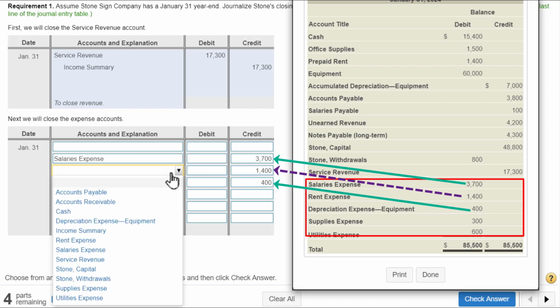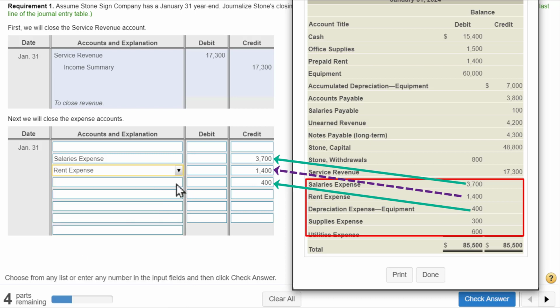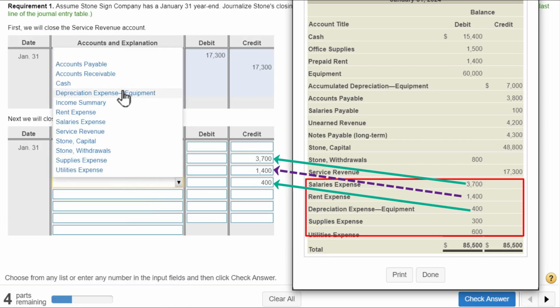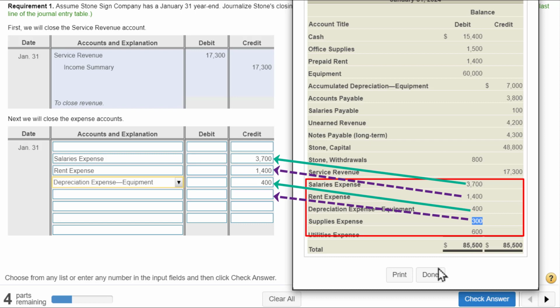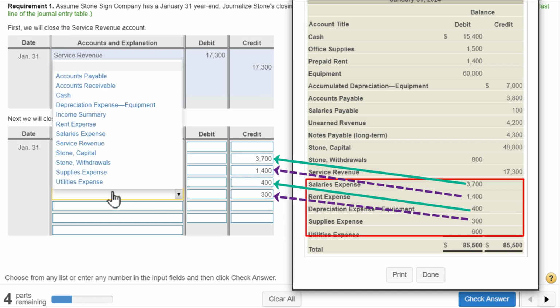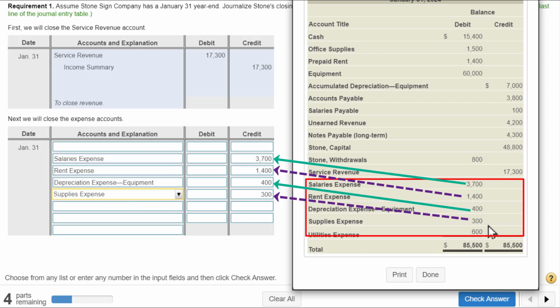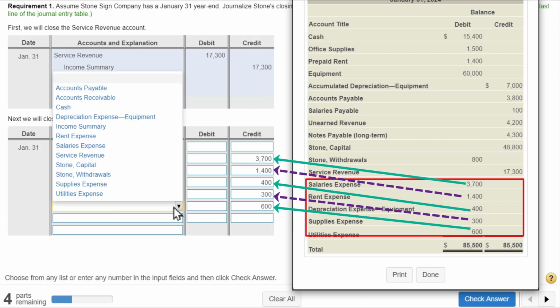Oops, I clicked on the wrong one. So that was rent expense. And this is depreciation expense on the equipment. And then we've got supplies expense. I need to close that. Again, I'm crediting it because supplies expense has a debit balance. And then finally, utilities expense, I'm going to credit that.